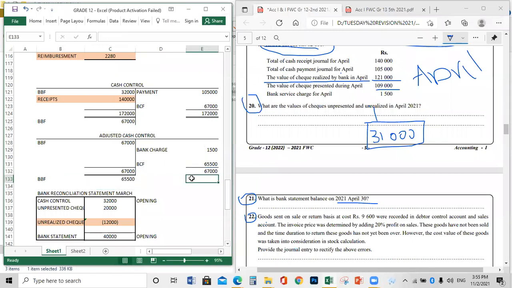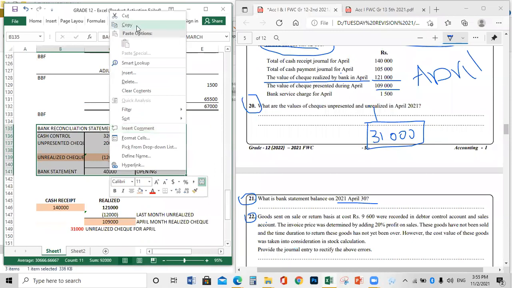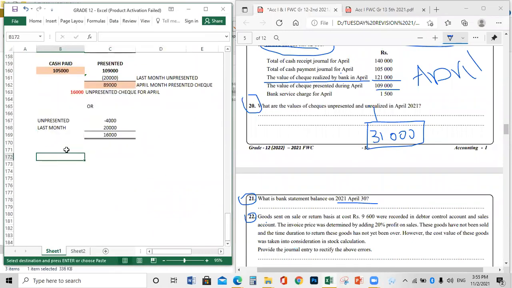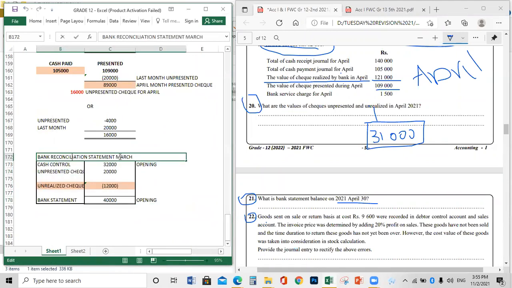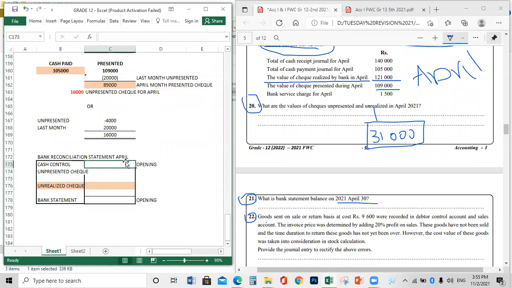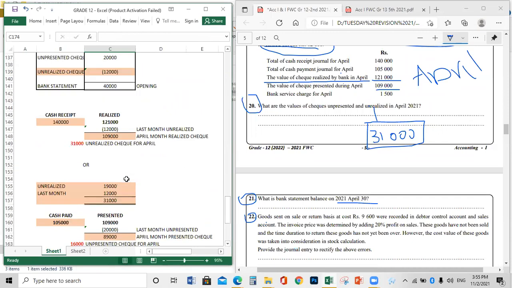Now we have to find the bank statement balance, guys. Where do you take it? Yes, you have to take it to the bank reconciliation of April as the adjusted cash control balance. Adjusted cash control balance is 65,500.